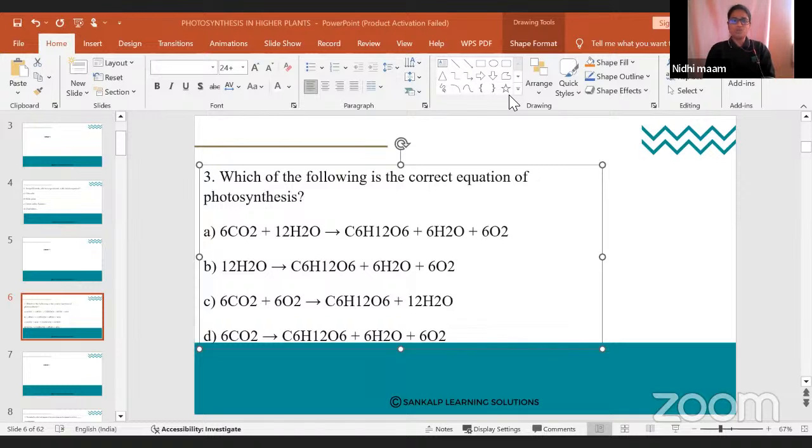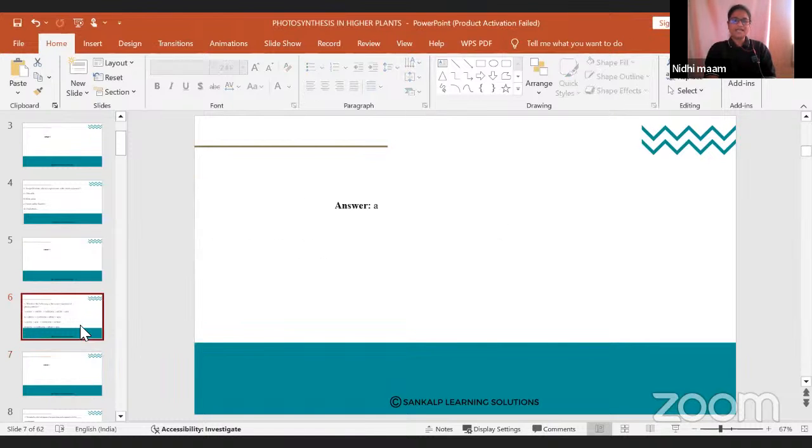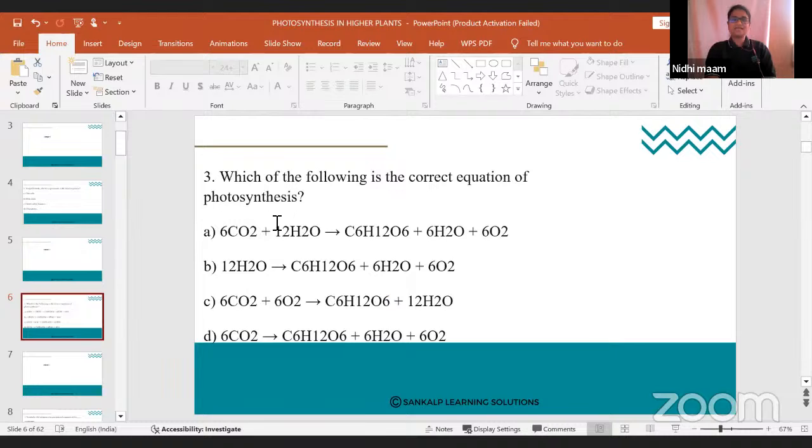So some of you voted as option C, some of you voted as option A. Fine. So let us check the answer here. The right answer is option A, that is 6CO2 plus 12H2O gives C6H12O6 plus 6H2O plus 6O2.